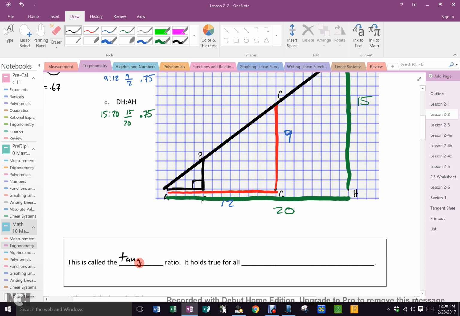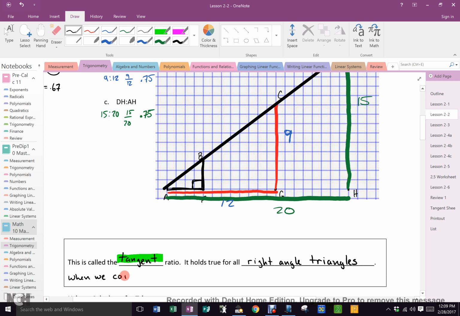This is called the tangent ratio. Please learn that word. And this is true for all right angle triangles. No matter what, when I compare the two sides, not the hypotenuse, and that's what I'm going to write right here.